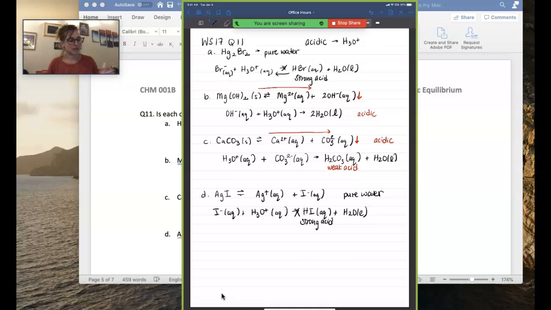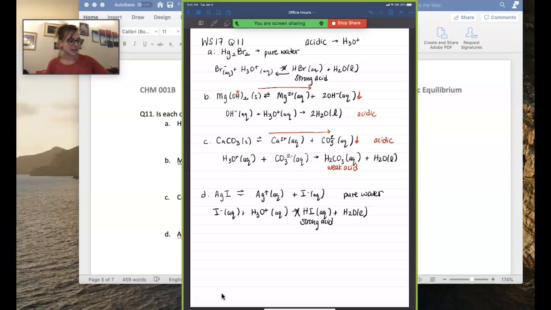So in summary, when you're asked this sort of question, if it's going to be more soluble in acidic or pure water, you want to remember that acidic solutions have hydronium ions. You want to look at the anion. If the anion is the conjugate base of a strong acid, it's not going to be more soluble in acidic solution.